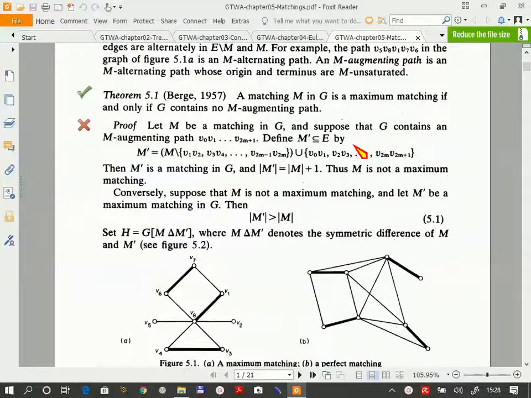Then what you can do is to switch everything inside this path, okay?